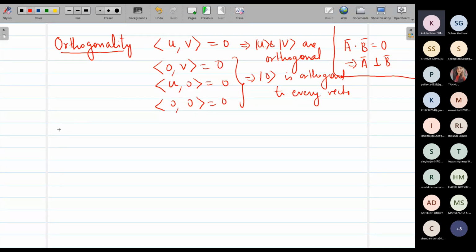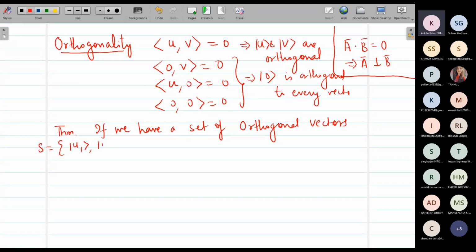So I will end today's class with a very important theorem. This theorem tells me that if we have a set of orthogonal vectors, so let me write down my set, of course non-zero, then that set is always linearly independent.